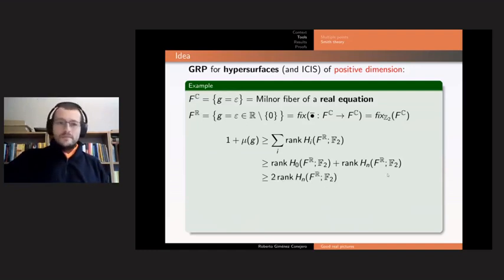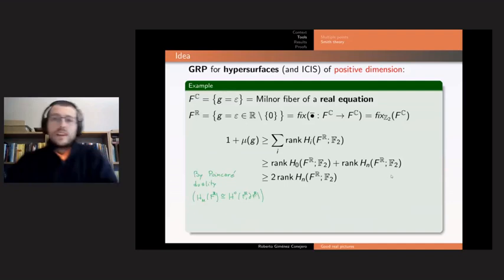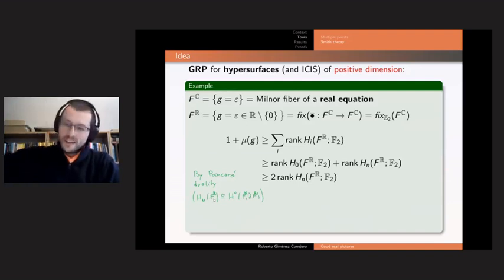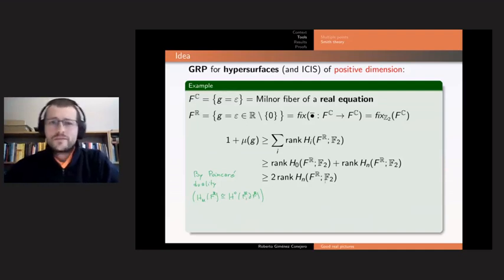So taking some terms, and now if you use Poincaré duality, part of this H0 you are going to be able to see in the relative homology relative to the boundary. And this, by Poincaré duality, is isomorphic to the middle homology, Hn in the real case.